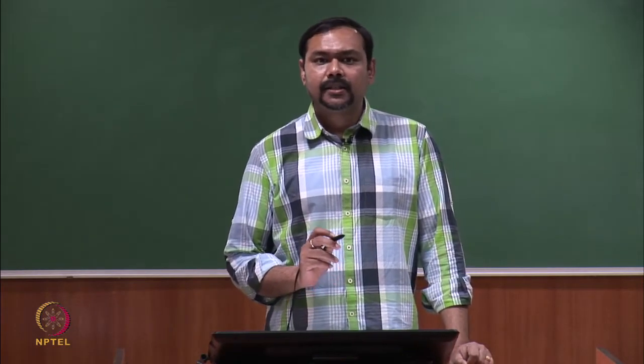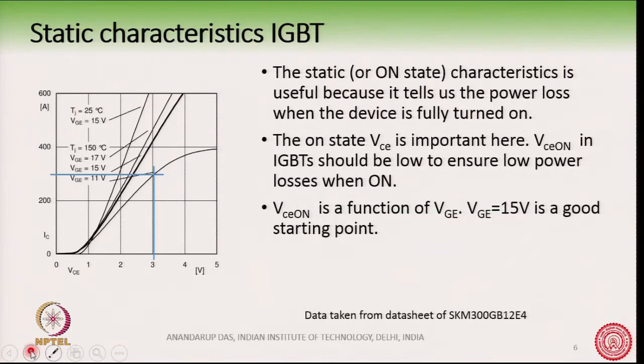So, we will first see the static characteristic. How do I know what will be the behavior of the device when it is fully turned on? In order to understand, suppose we take an example of an IGBT first. Here we see a curve of the collector current IC versus VCE, that is the collector emitter voltage.